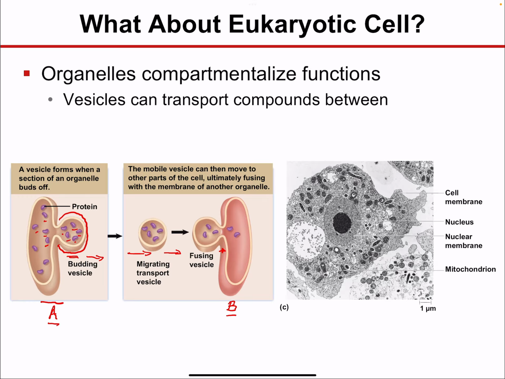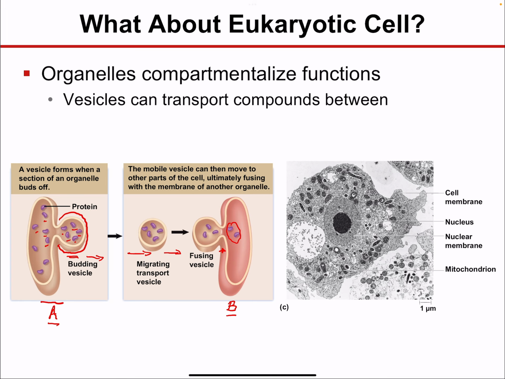In the Golgi apparatus, the protein is going to be released in here, and in there, the protein is going to undergo further modification. These modifications are going to determine the fate of the proteins, right?